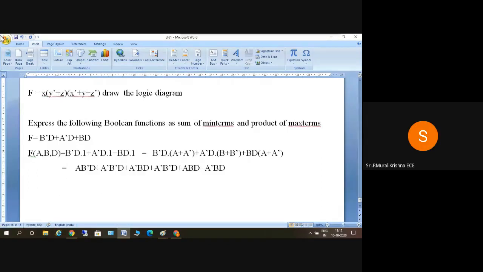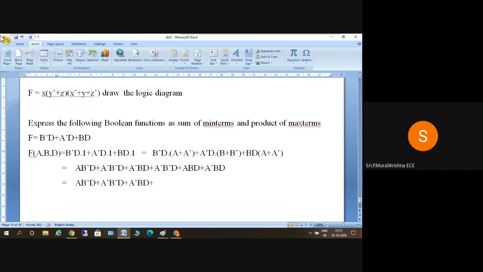So these terms are repeated here, and x plus x is equal to x. So I can write only one term here: A B bar D plus A bar B bar D plus A bar BD.